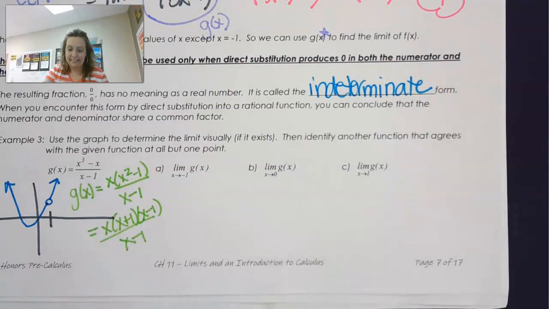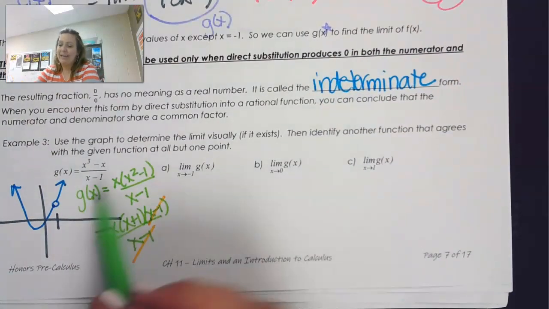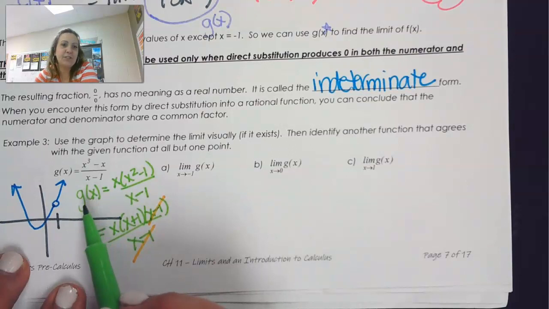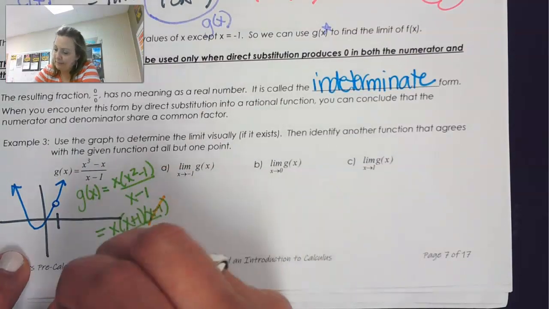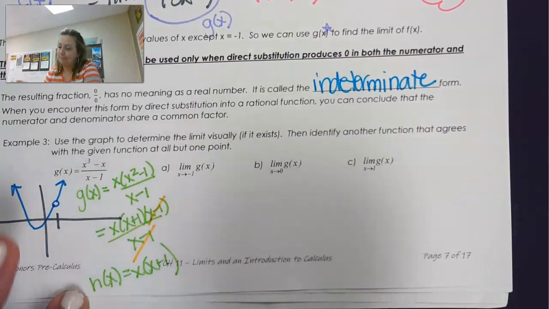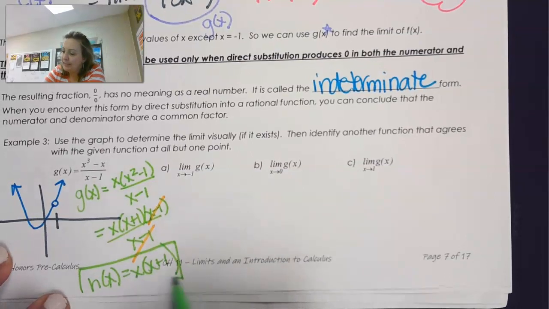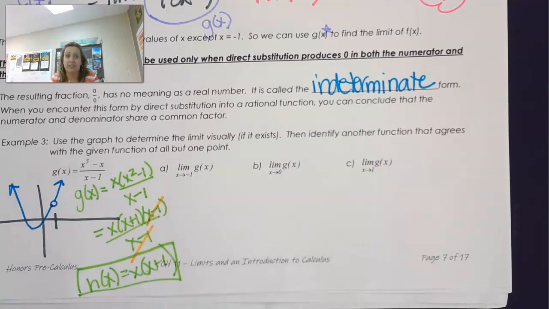And what I can see is that these cancel. This time g of x was the original, so we can call the new one h of x. That h of x would be x times x plus 1. And we can use this function to find the limit at any of these points if we wanted to.